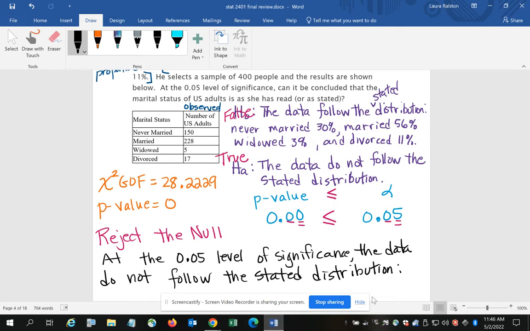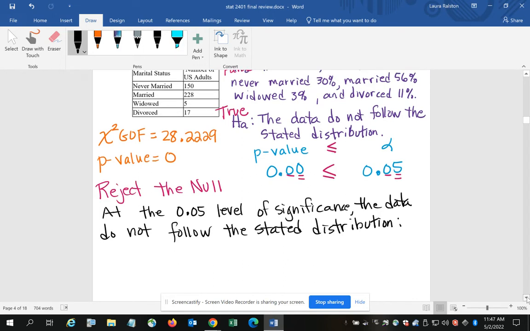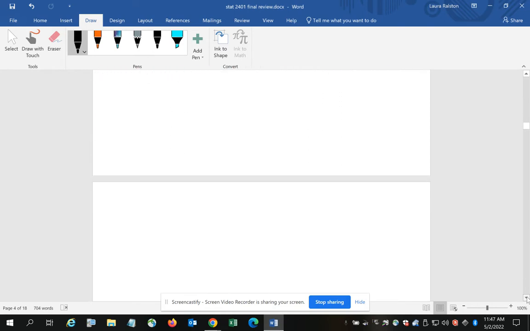And you could list that out in your conclusion. But the key thing is to realize that it does not follow the distribution. Okay, moving on.